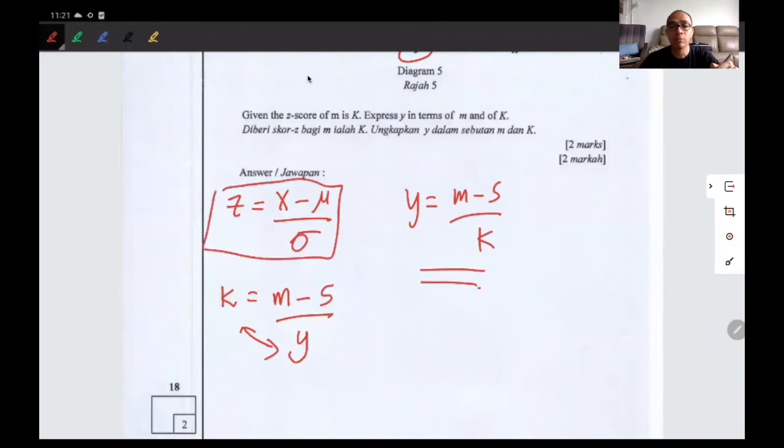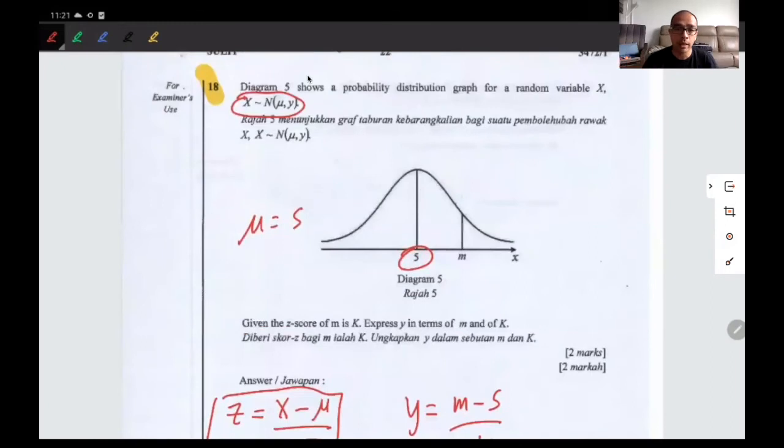Cuma yang mungkin mengelirukan, or like, how do I even start this thing is, how do I know that the mean is 5? Because in a probability distribution graph, before you kasih z-score kan, the center value is always the mean.